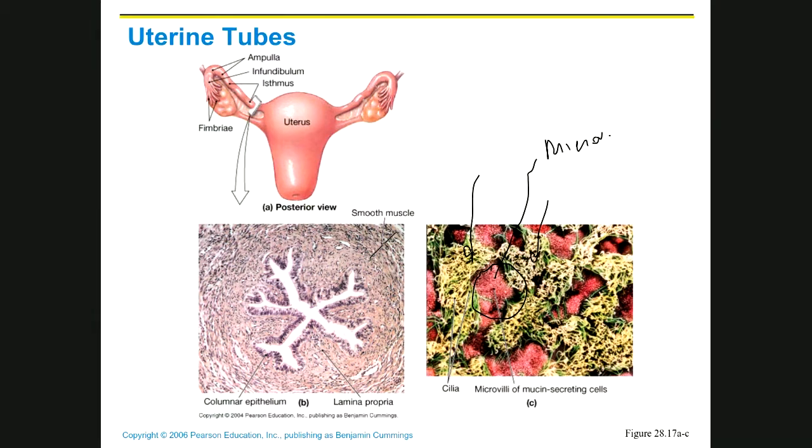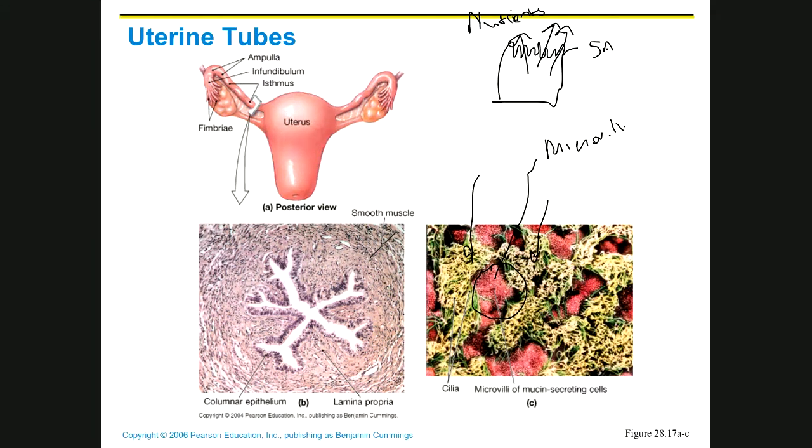Remember, microvilli are cells with a folded up membrane at the top. It increases the surface area. And what happens is they secrete nutrients. So the nutrients then nourish this oocyte, and if it's fertilized, nourish the zygote and embryo until it gets down here.